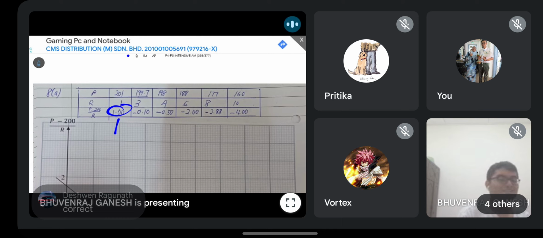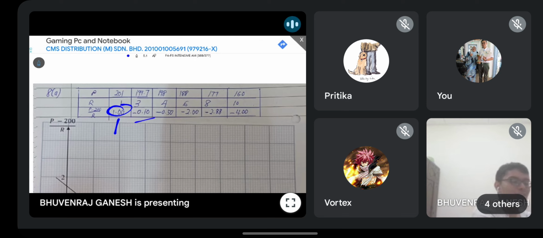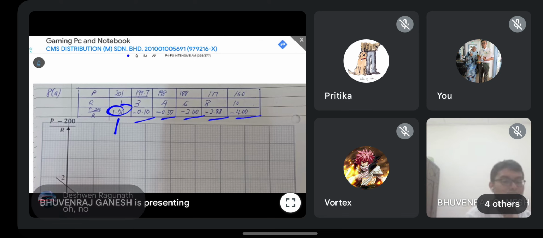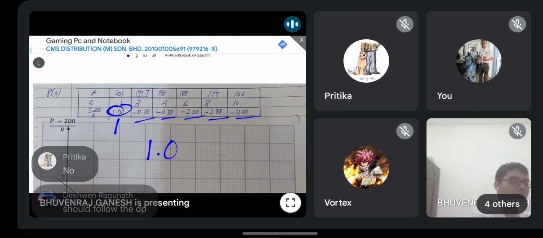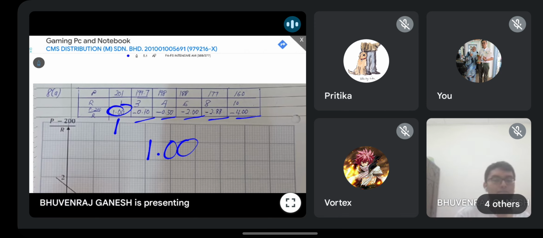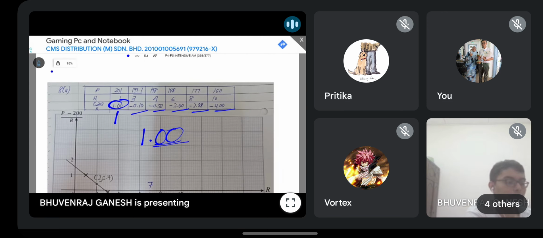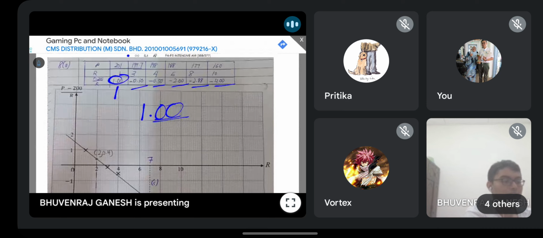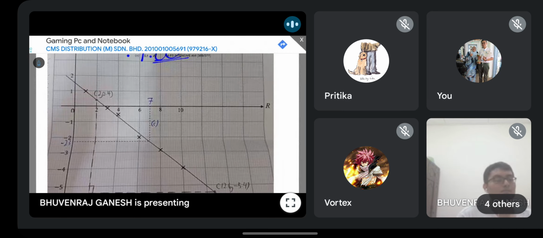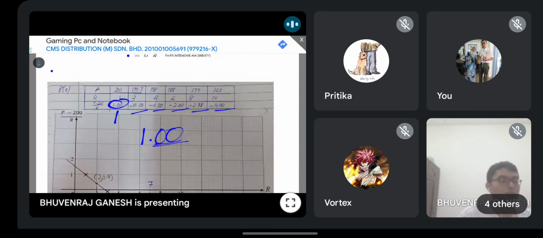Can you see all the other values? Must put 1.00 because the accuracy is 2 dp. They will check on the accuracy. Accuracy depends on the decimal points, so you must follow the dp. Make sure you write it. After that, plotting should be no problem. You just need to follow the uniform scale again, then you can get the marks already.